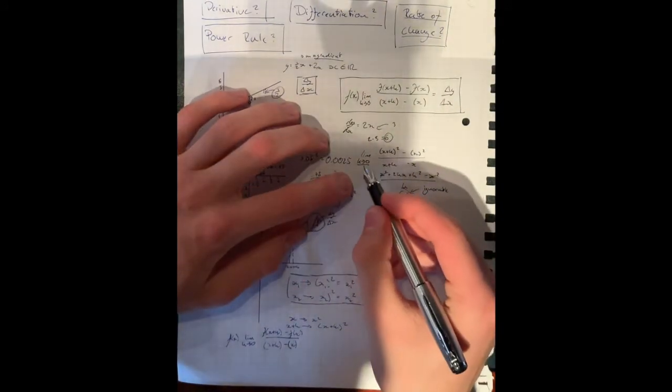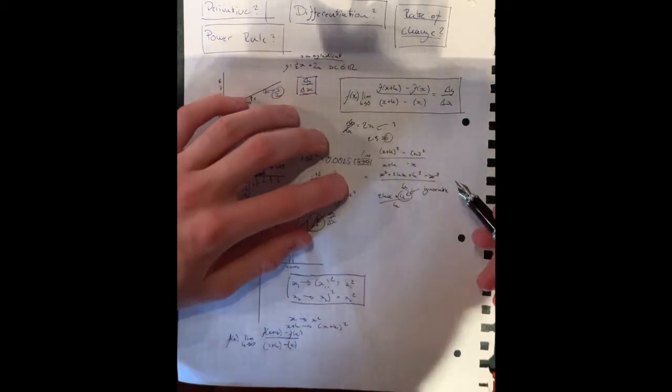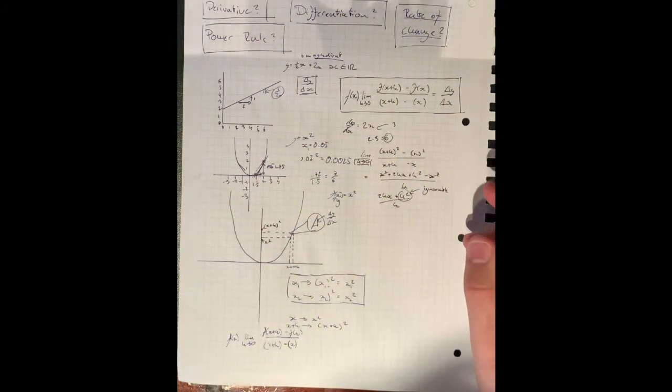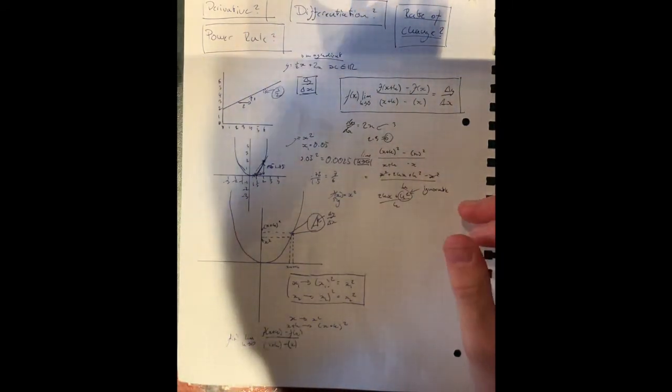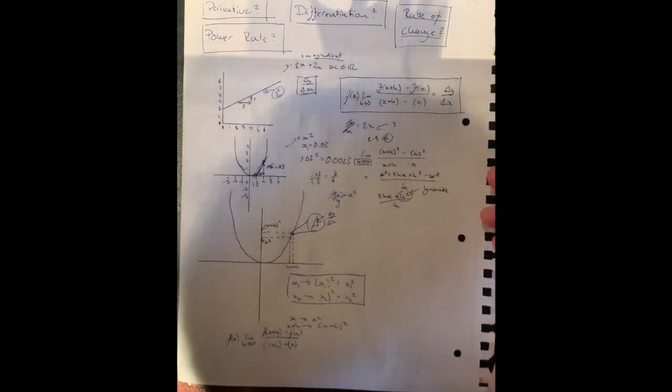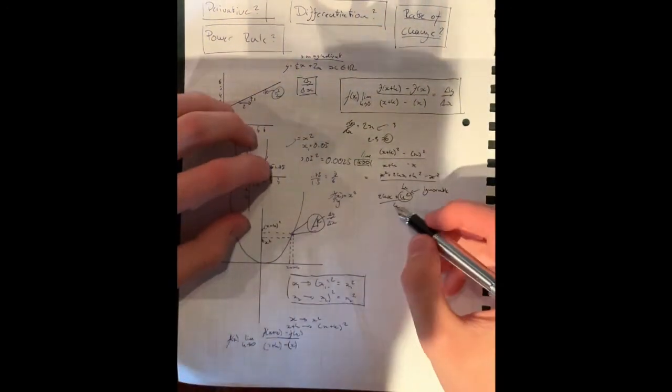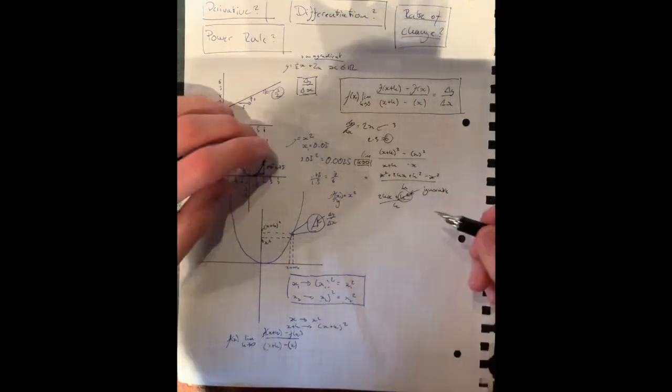Because we've limited h to 0. h is already an infinitesimally small change in x, correct? Therefore, if you square that minute, insanely tiny change in x, it's going to be even smaller, to the point where its existence can be ignored entirely. So we ignore this h squared.